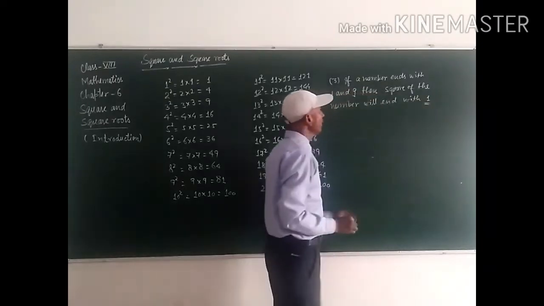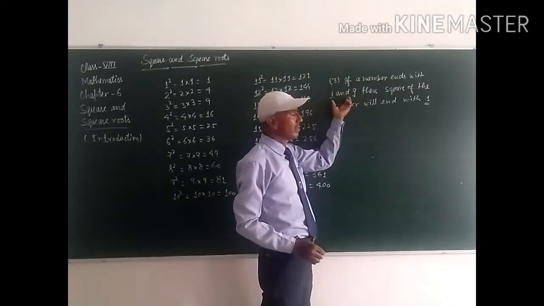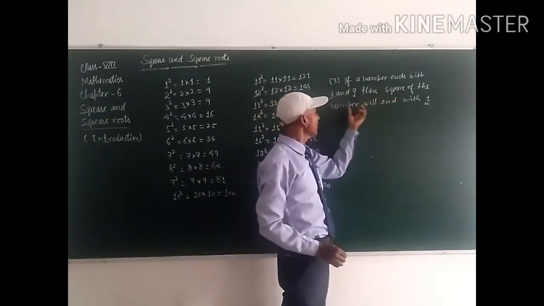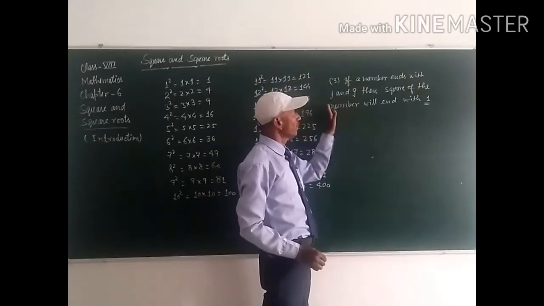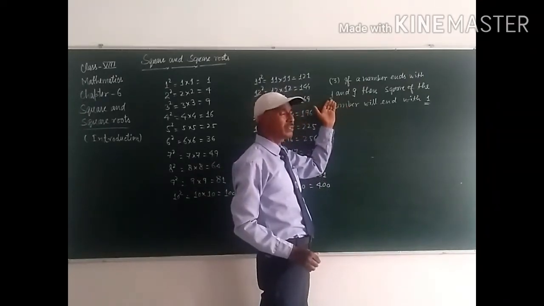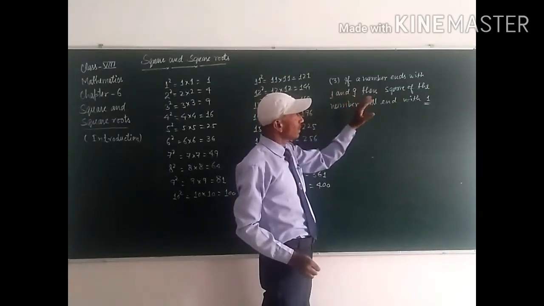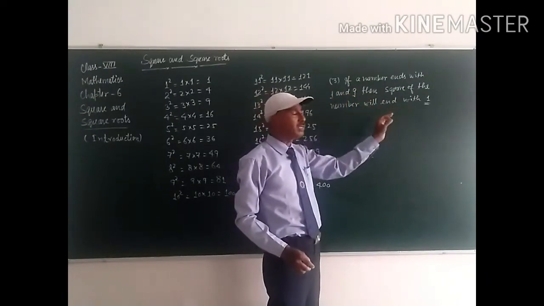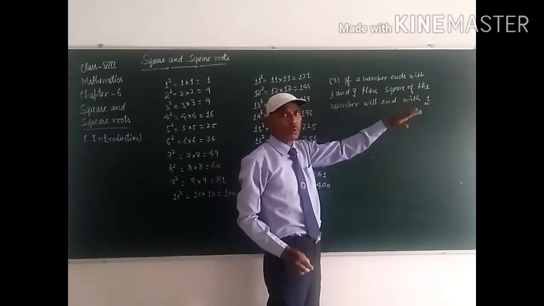It means, student, if a number ends with 1 and 9, then the square of the number will end with 1. If any number whose unit digit is 1 or 9, then the square of this number ends with 1. It means the unit digit of the square of the number will be 1.